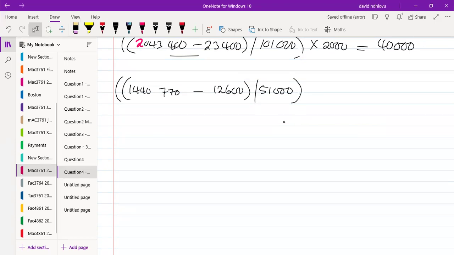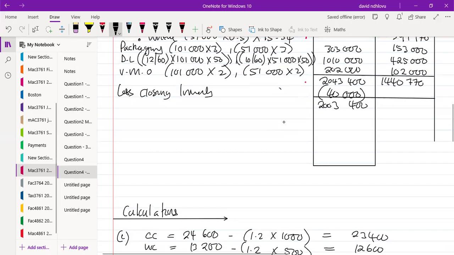When I solve this bracket, I remain with cost per unit multiplied by the 1.5 left at the end of the period. Right, so I'm going to have 42005. This is the figure that I'm going to have there.